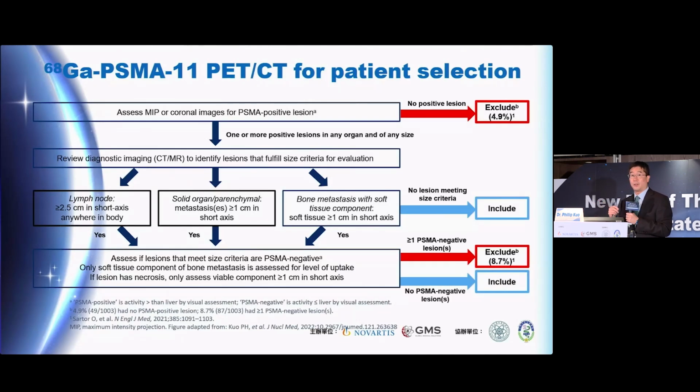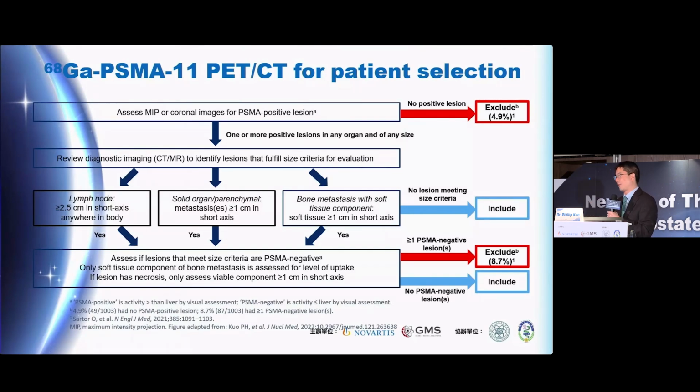Greater than liver visually is something we're very familiar with in nuclear medicine. For the Lugano and the Deauville criteria, in the Lugano, for FDG PET for lymphoma, we use the liver. So we have known we could do this reproducibly as a nuclear medicine community. For somatostatin receptor imaging, we have something called the Krenning score.